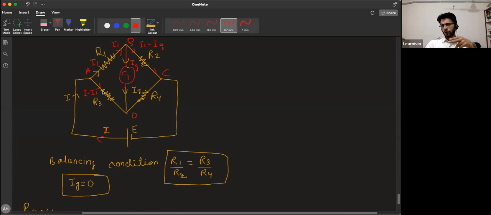Similarly, I minus I1 is coming from A and this Ig is coming from B. They will combine. And when they combine, you will get I minus I1 plus Ig here.